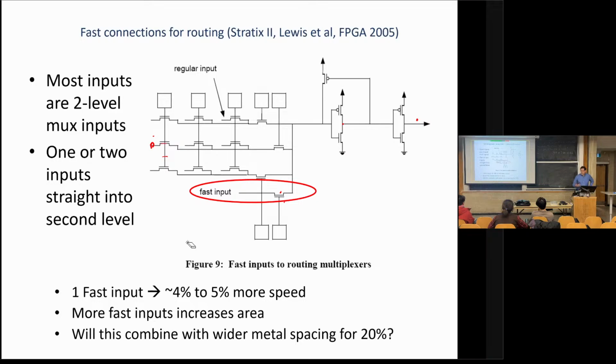So this is another technique you can use, but you can only do it for a few things, 1 or 2. We used it for 1 fast input, and we tried to pick the input that was most used. You actually profile the architecture to figure out your most common connection path, and put that one on the fast input.